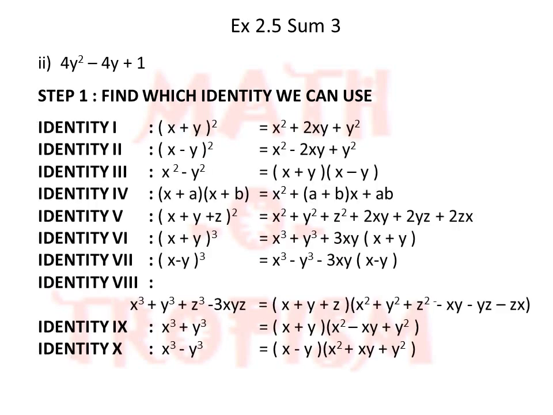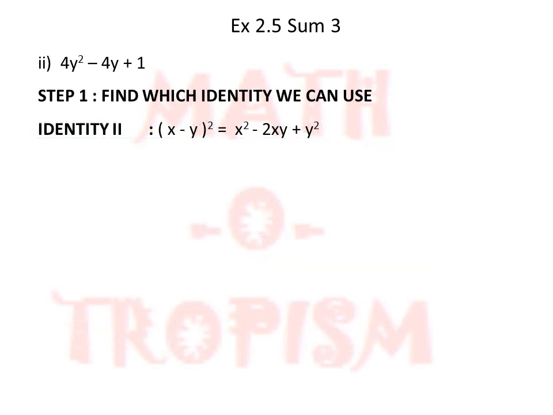So it will be like identity 2, which is x minus y the whole square is equal to x square minus 2xy plus y square. We are not taking identity 1 because all are not plus over here, and for square terms we have only the first two identities, having the first square and the last square. So I have identified identity 2 as the one with which we are factorizing this sum.